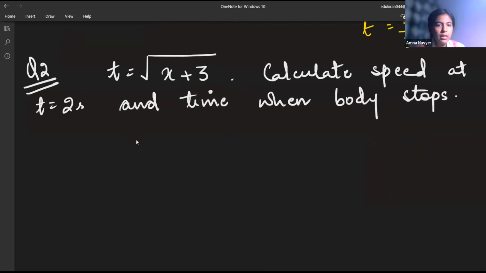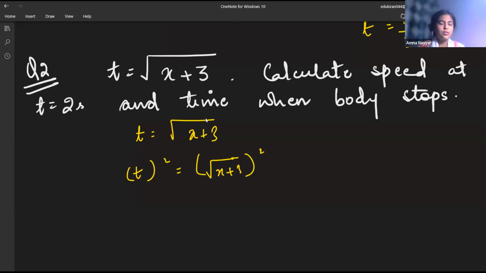What you do in such questions where this is given rather than the equation, otherwise the rest of the things are the same. If we square both the sides, this root vanishes. So we are left with t square is equal to x plus 3.